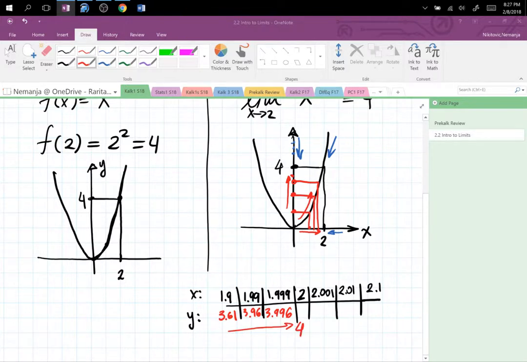Bueno, 2.1 squared is 4.41 on the blue side. 2.01 squared is 4.04. And then 2.001 squared is 4.004.